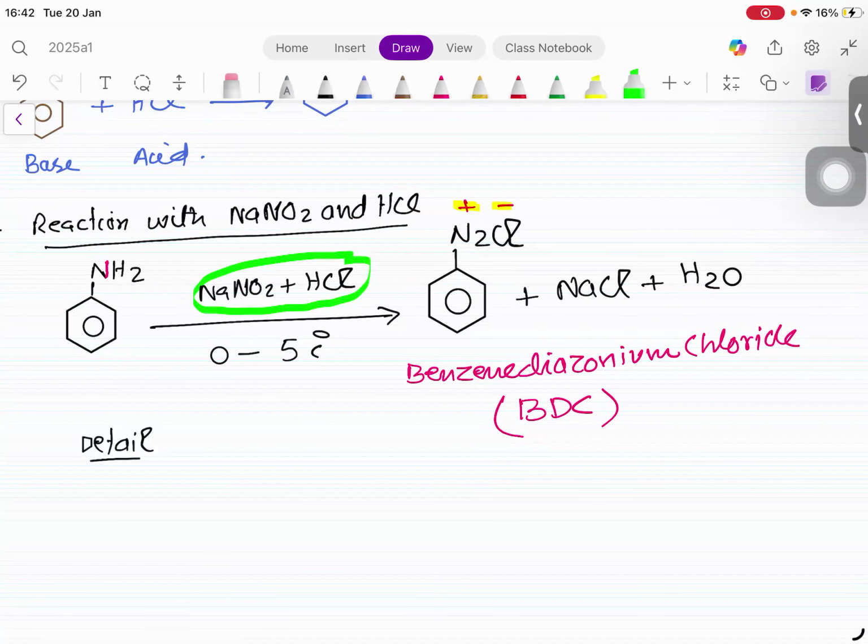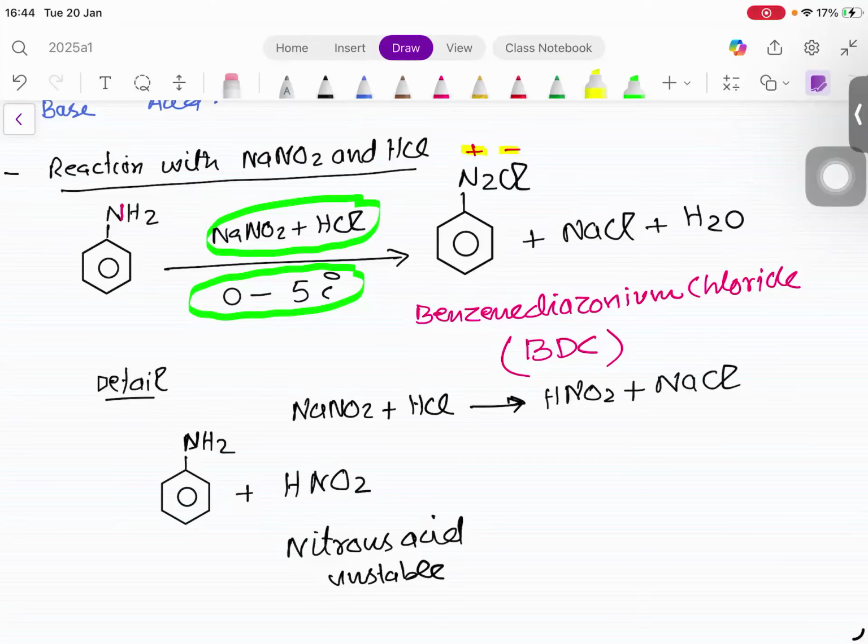So what we do, in the reaction mixture, we mix NaNO2 with HCl at a very low temperature, less than 10 degrees, preferably 0 to 5. And we allow the NaNO2 and HCl to react to form HNO2 plus NaCl. This HNO2 is quite unstable at this moment, under this temperature.